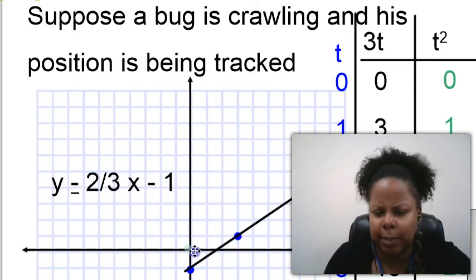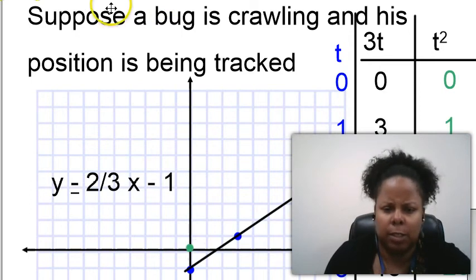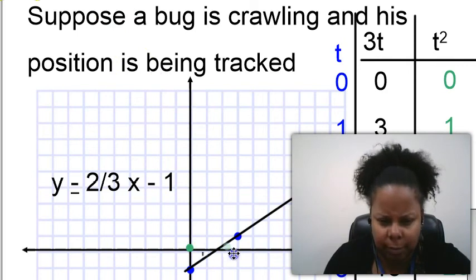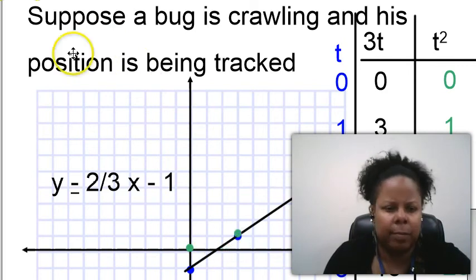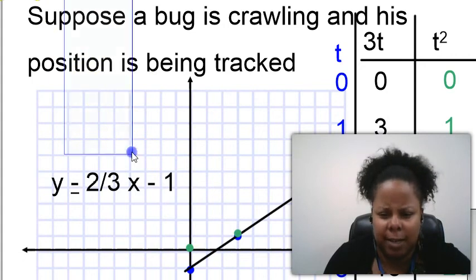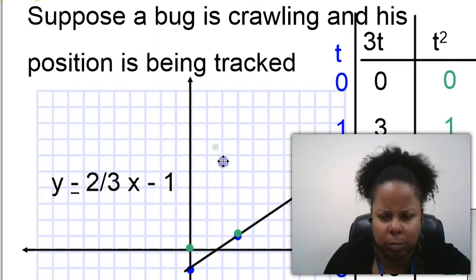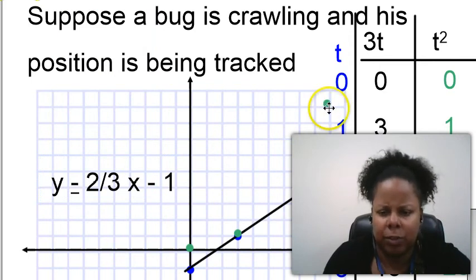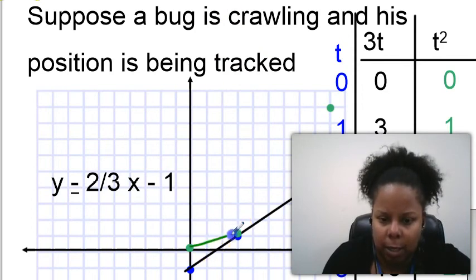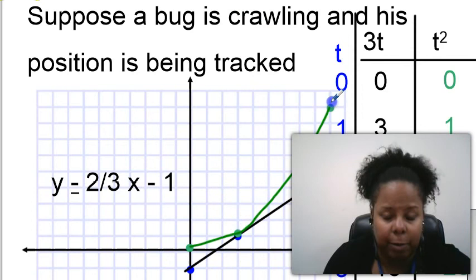So that means initially the bug is at the position 0, 0, but then it moves to 3, 1, but then it moves to 9, 9. And as you can see, based off this, the bug is moving at a different type of situation, it looks like a parabola.